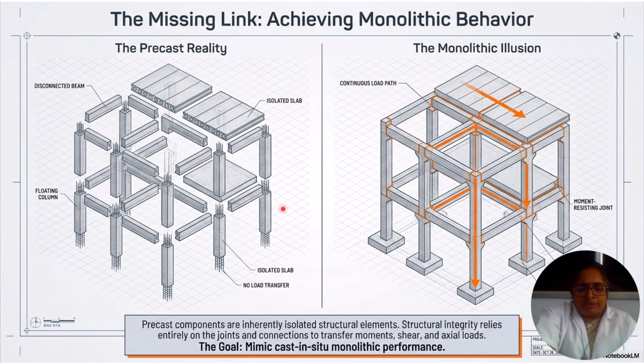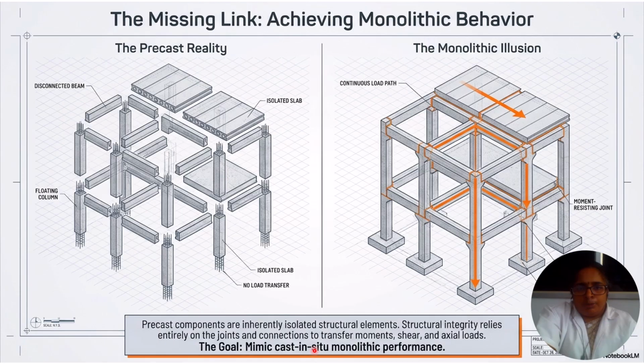Precast components are inherently isolated structural elements. That is, they are manufactured as separate units at a different site. Structural integrity relies entirely on the joints and connections to transfer moment, shear, and axial loads.